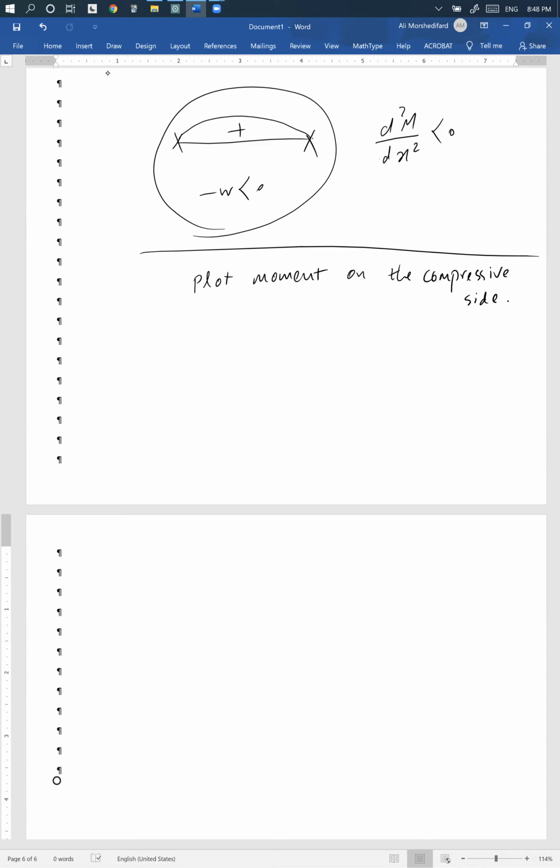But what's the compressive side first? We have to understand what we mean by compressive side. How do you decide which side is the compressive side?